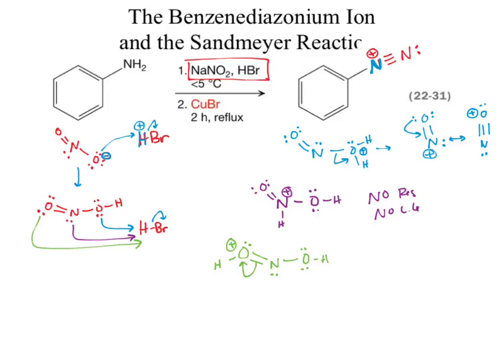There is resonance, but that doesn't really do us any good. If we look at our overall pieces, we'd end up with our nitrogen missing its octet, and no leaving group, no way to stabilize that further.